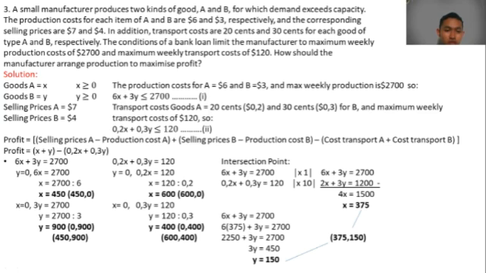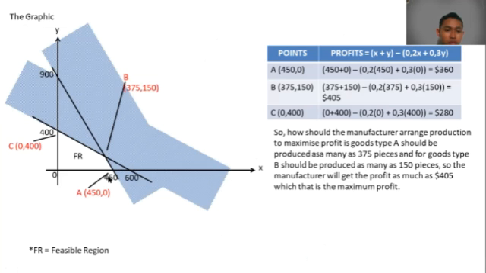For the first equation, the points are 450 for x, and 900 for y. And then the second equation, the points are 600 for x and 400 for y. And then we can get the line is like this, and then we shade it away from the 0 point because the sign of each equation is less than or equal to, and so we can get the feasible region here.